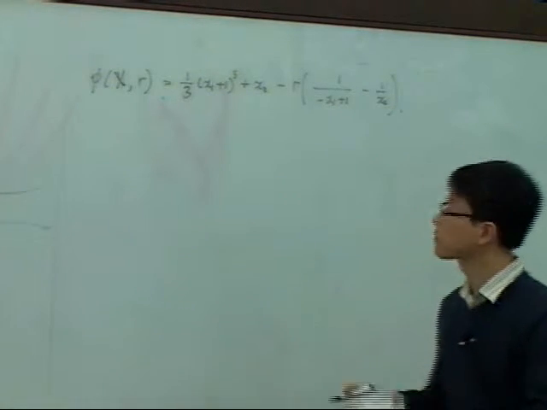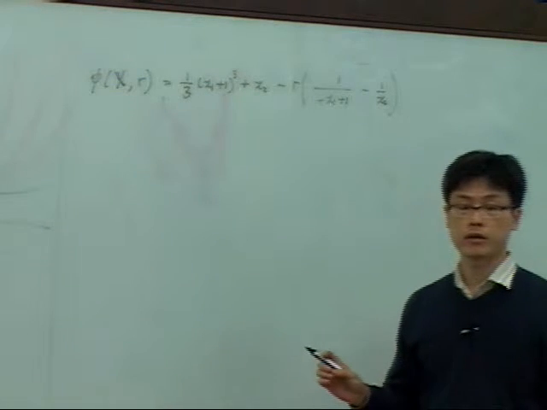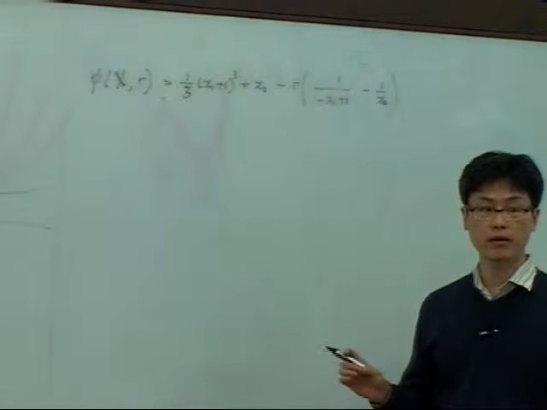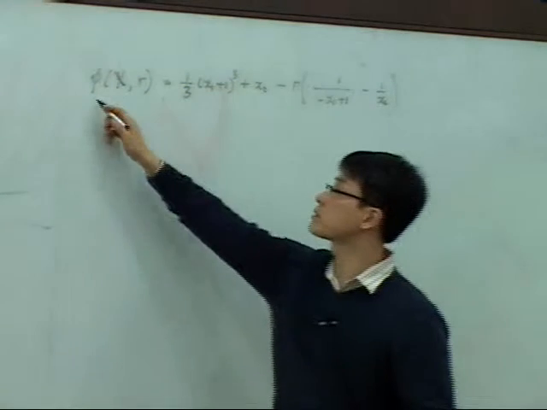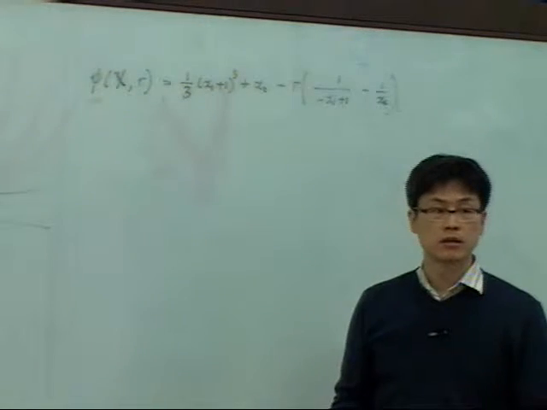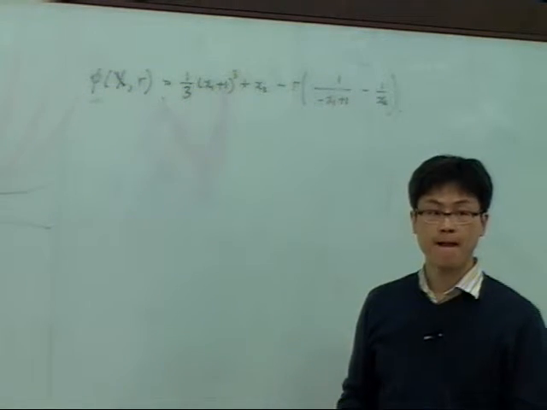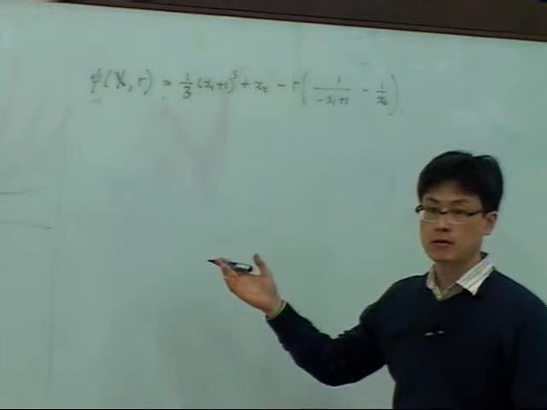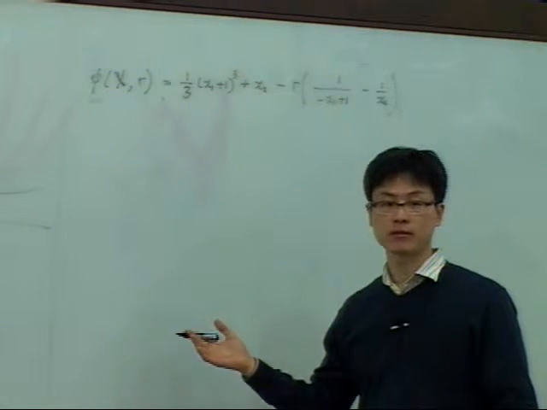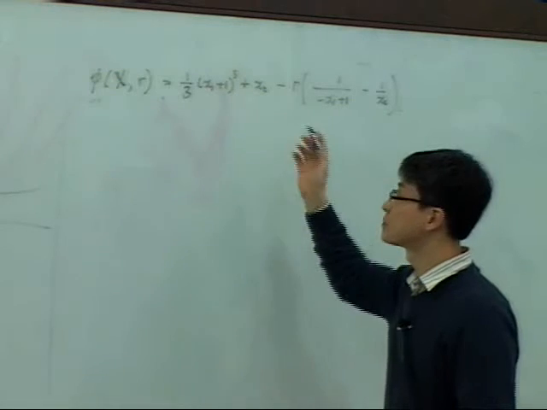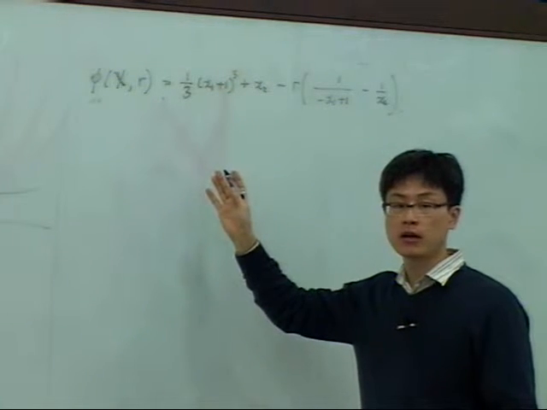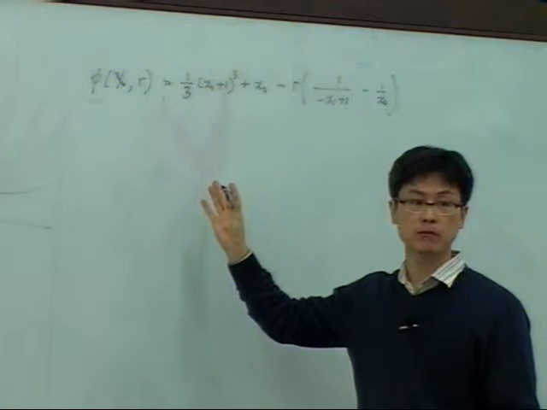And the next step is we are supposed to find the minimum of this using what we have learned. Okay. It's a very simple unconstrained optimization problem.